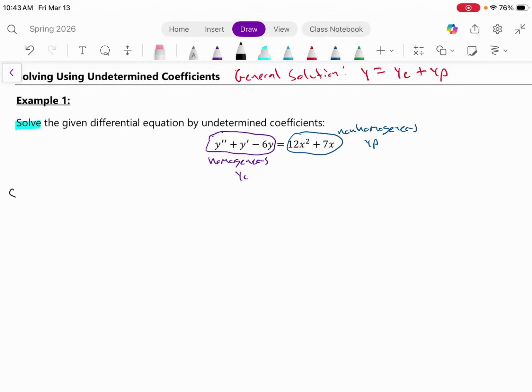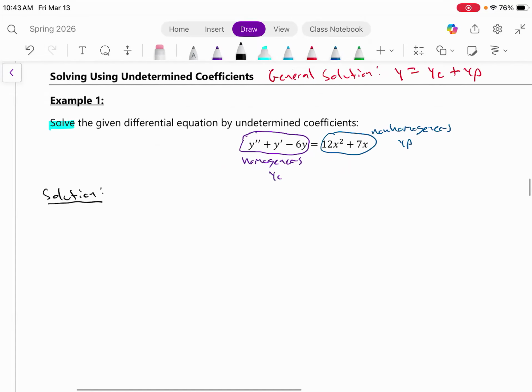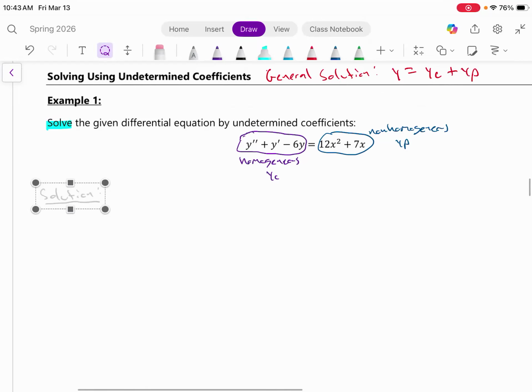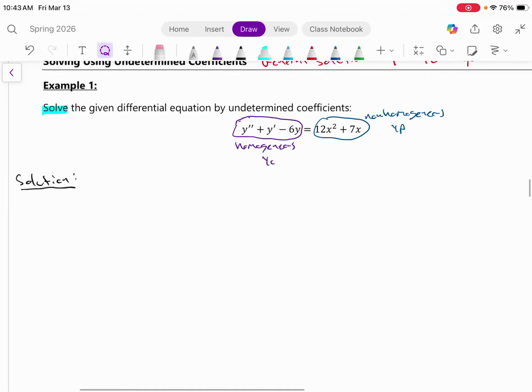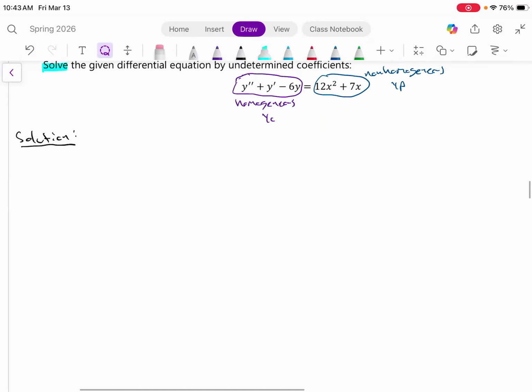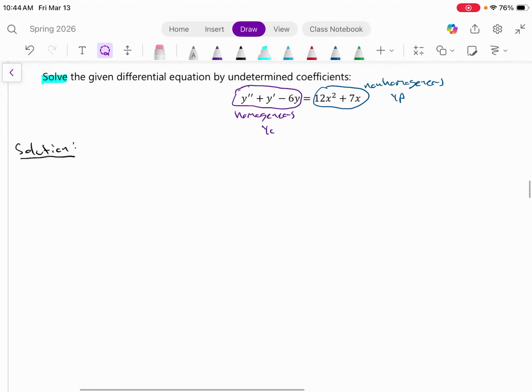Solution: solve this differential equation.